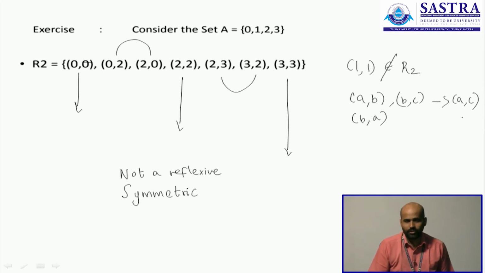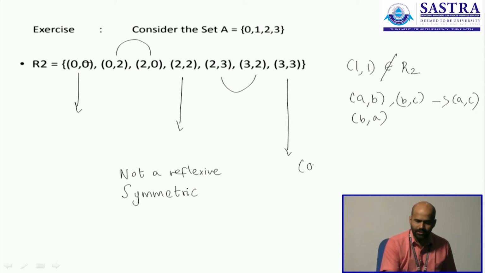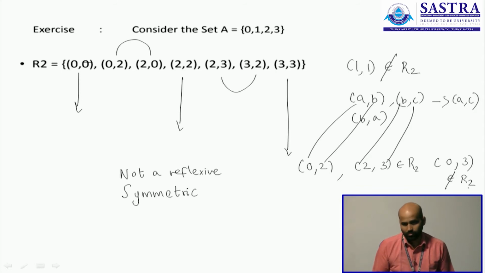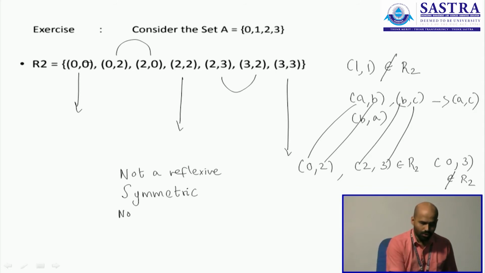Unfortunately, that's not the case. Why? You have the pairs 0, 2 and 2, 3. So you can do this mapping, but you don't have 0, 3 present. 0, 2 and 2, 3 are part of the relation R2, but 0, 3 doesn't belong to R2. And therefore, this is also not a transitive relation.